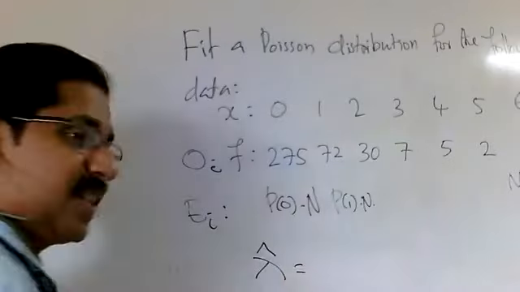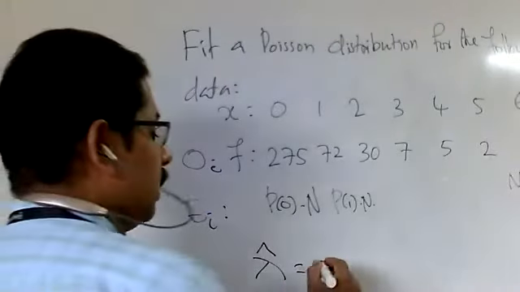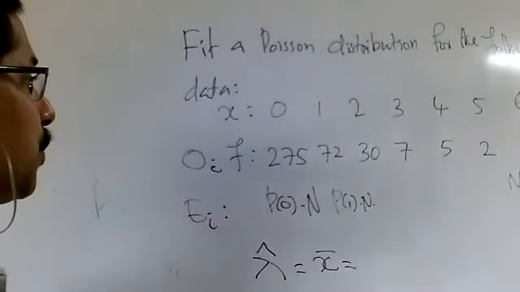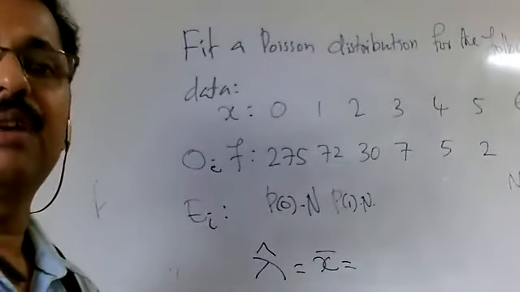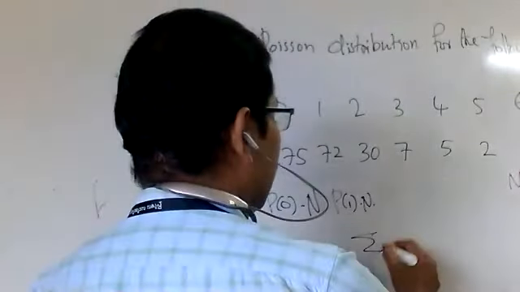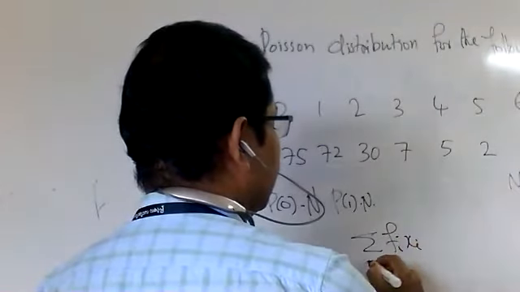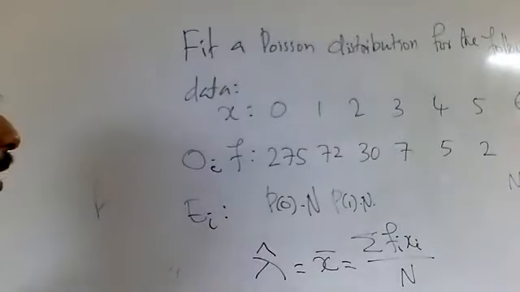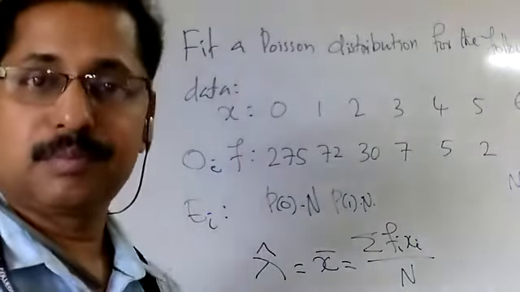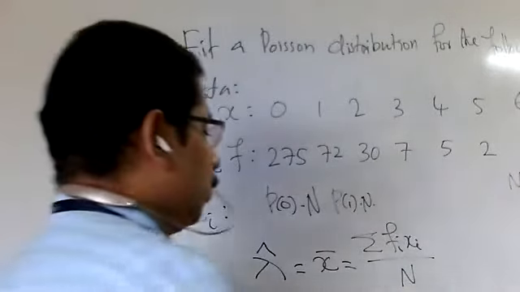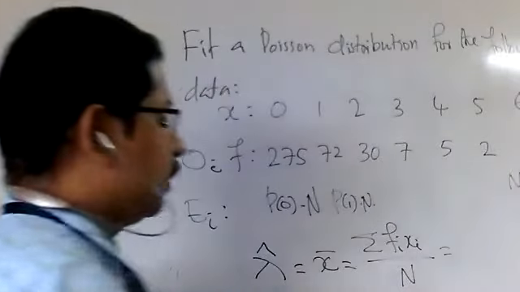Lambda cap means its estimate. Lambda cap is simply x bar. From the given observations, you first have to find x bar. You know the formula: x bar is sigma fi xi by sigma fi, that is capital N. So the sample mean is lambda. For this problem, how to find sigma fi xi?